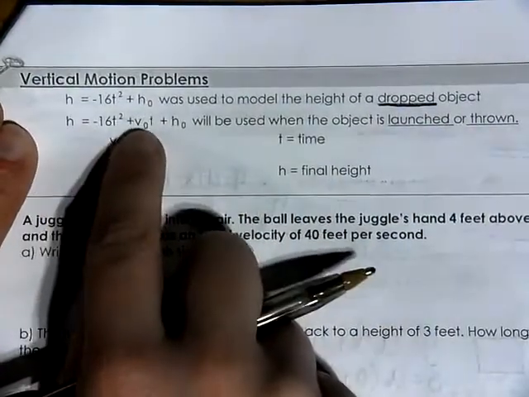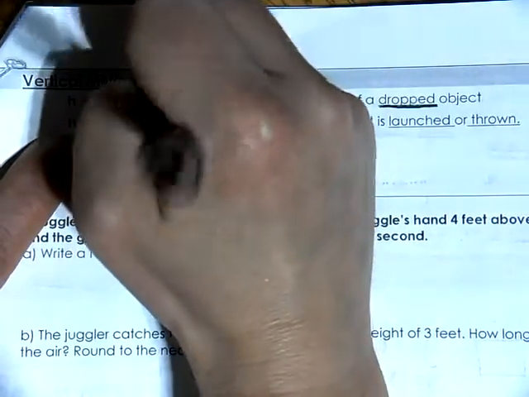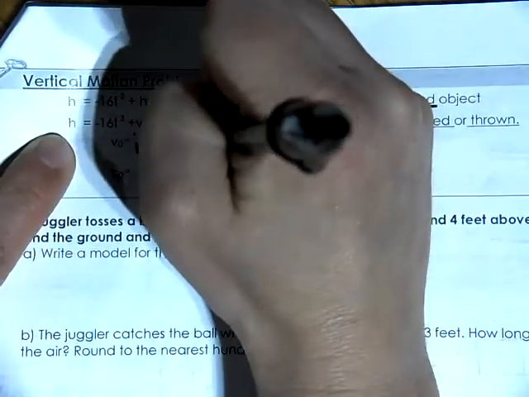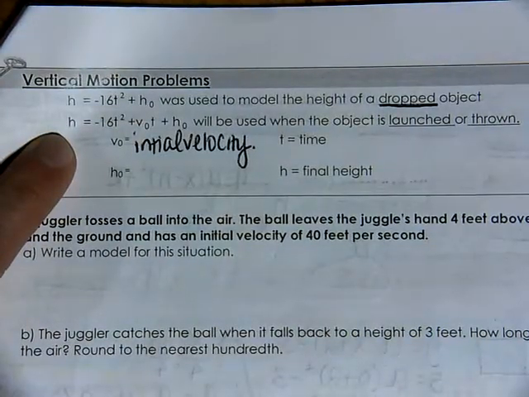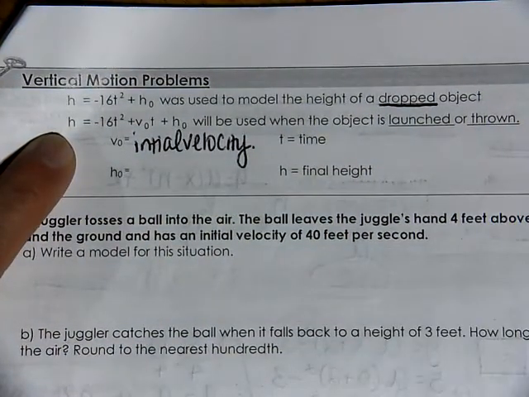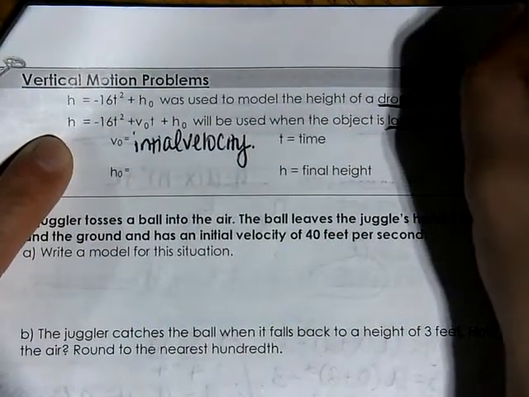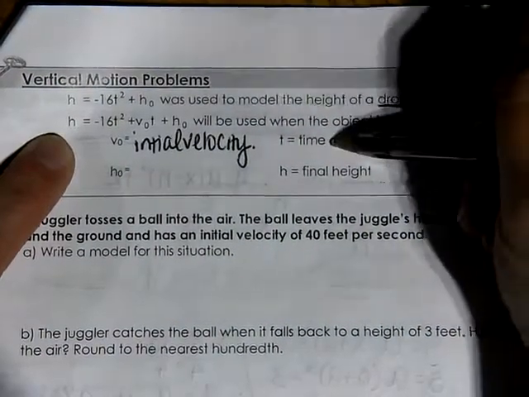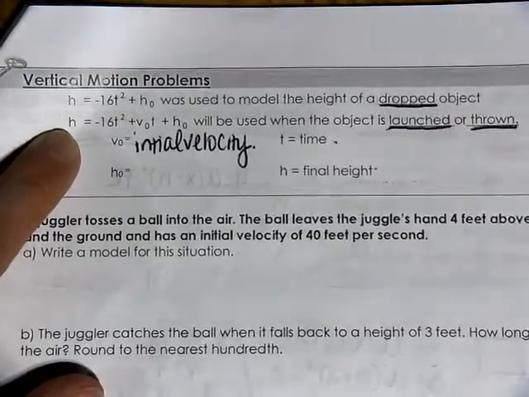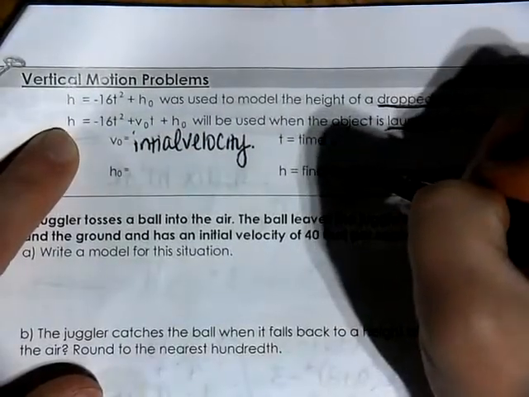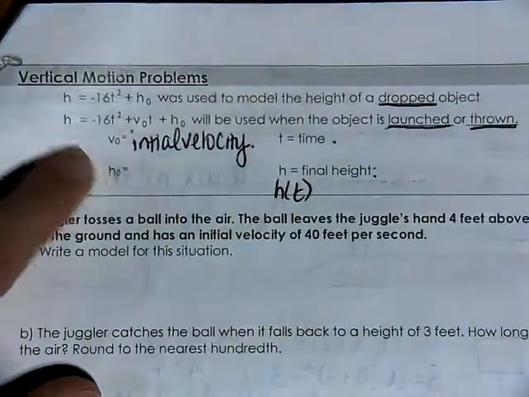But now going back to that v sub 0, once again, that represents your initial velocity. That value of the initial velocity, your starting velocity, is going to be used whenever you launch an object or throw an object. T still represents time, and final height, or your height with respect to time, is going to be your h, or sometimes called your h of t, depending on the problem.